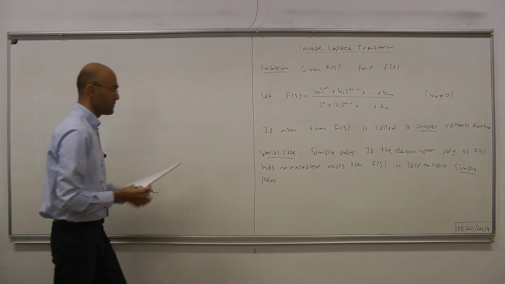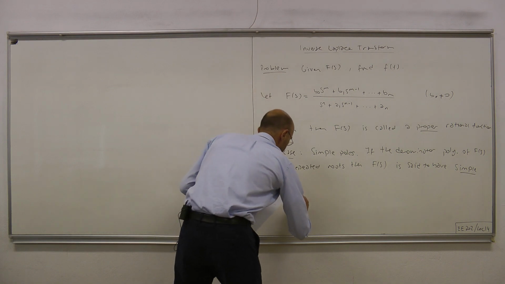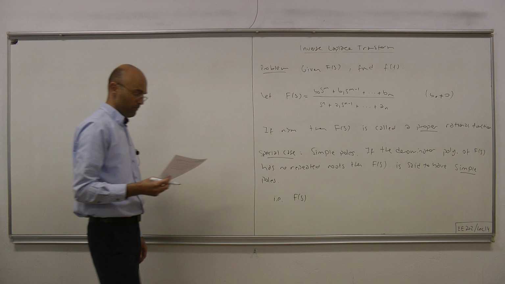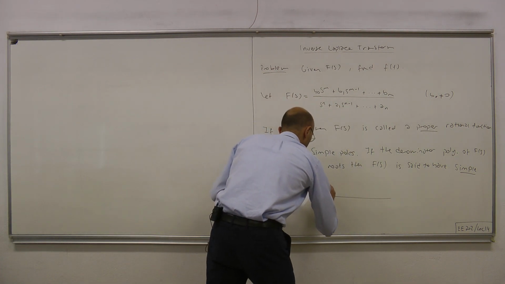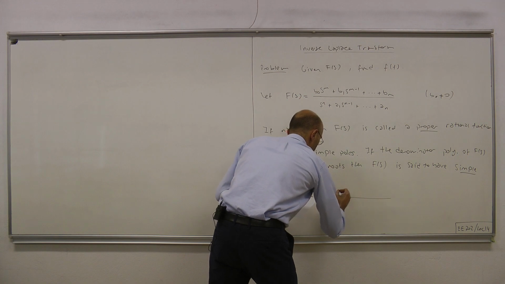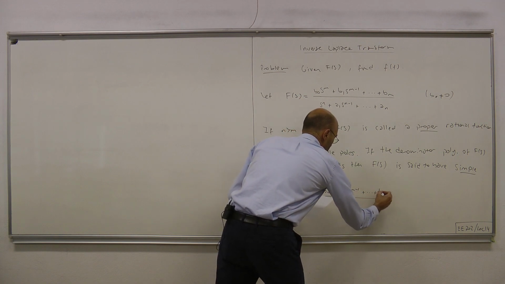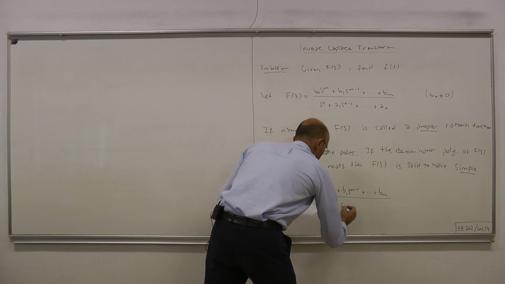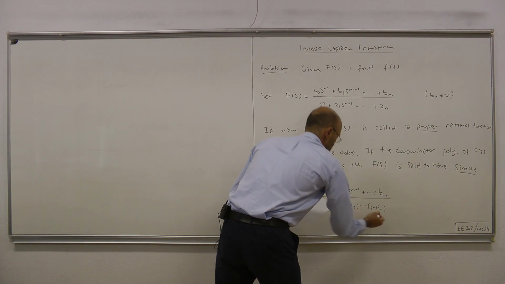That is, we can write F(s) in factorized form as follows: (b0 s^m + b1 s^(m-1) + ... + bm) divided by (s - p1)(s - p2)...(s - pn).